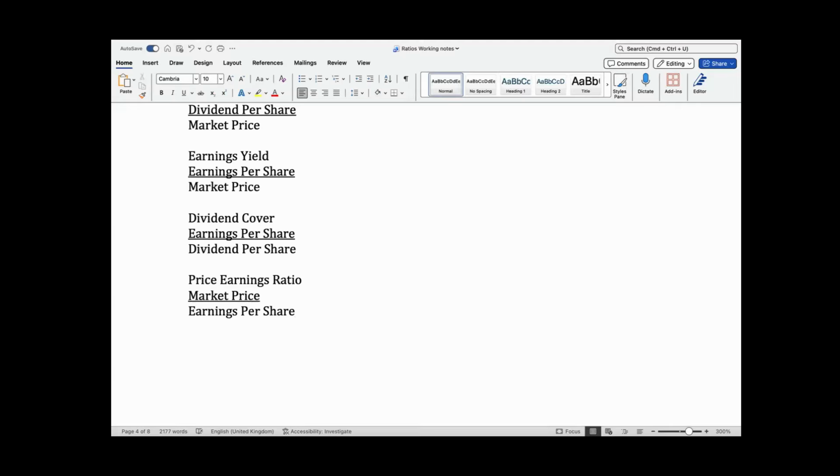This looks at how much the market is ready to pay for an entity's shares. How much are they ready to pay for an entity's earnings, not shares? How much are they ready to pay for their earnings?